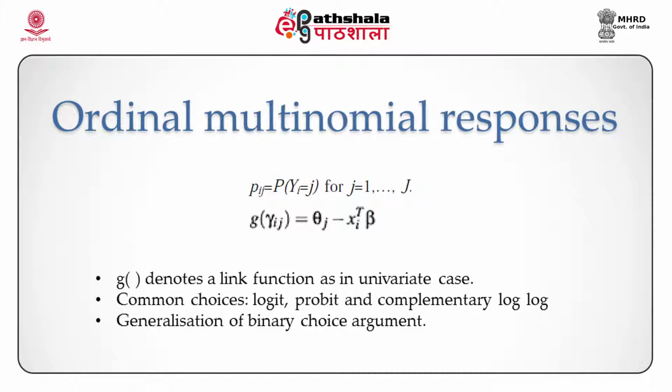So note here that one distinction with the multinomial regression is that we have different intercepts. We have j minus 1 different intercepts theta j, but we have only one vector beta of log odds ratios, that is beta is no longer subscripted by j.